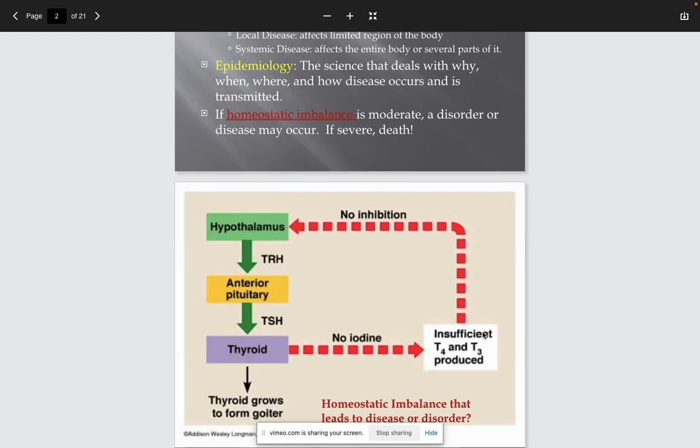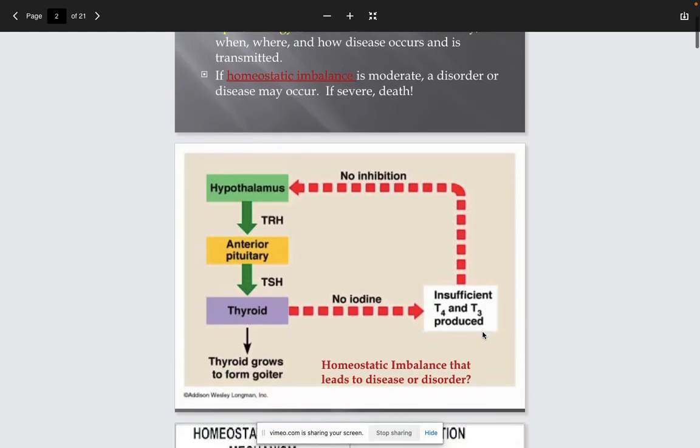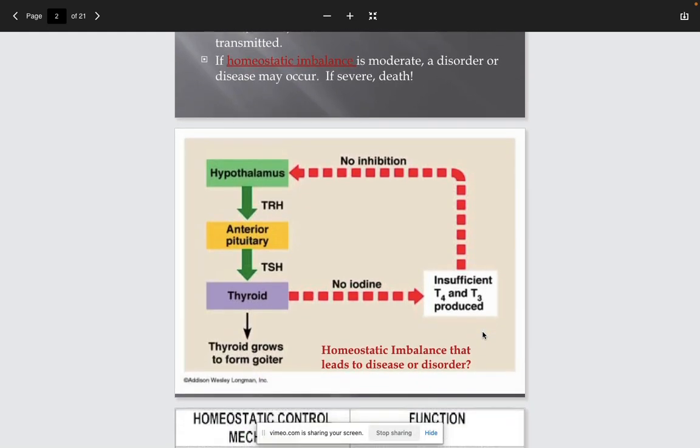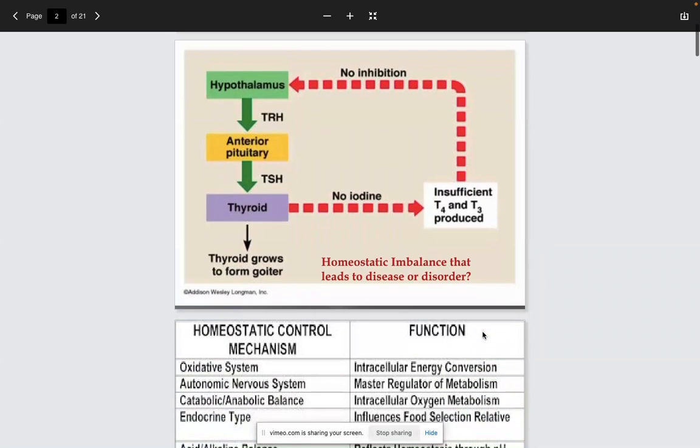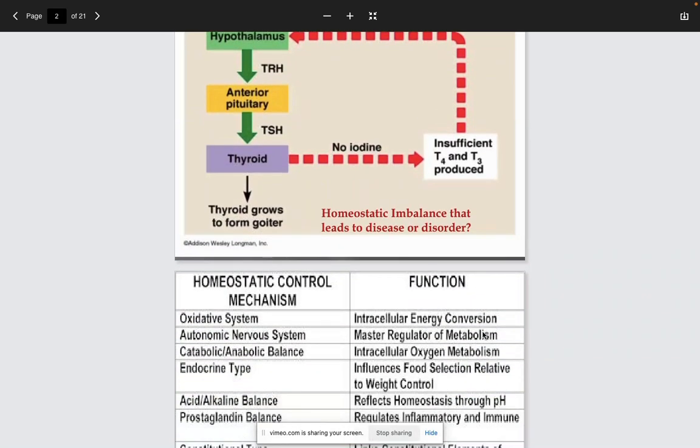From there, we function normally. But if something happens and we have a disorder, in which a structure or a function is broken, then we'll have a disease. We'll start to display signs and symptoms. This is just kind of like an illustration to go along and show you.